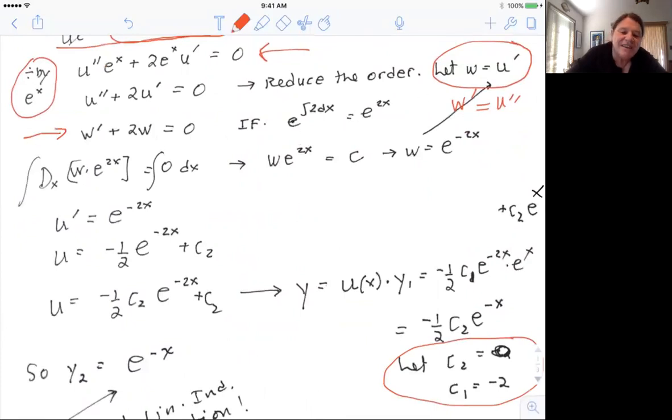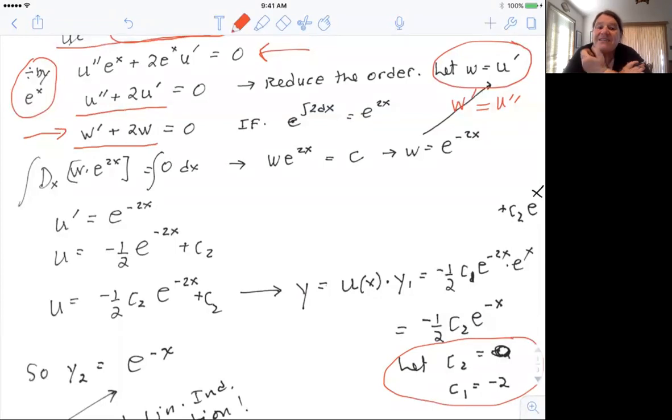Now, what you see is that I reduced the order, guys. I reduced this equation right here from a second order to a first order. So I'm not doing anything hard at it, but it's a little bit of a process to get there.